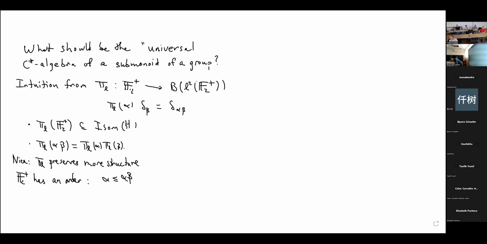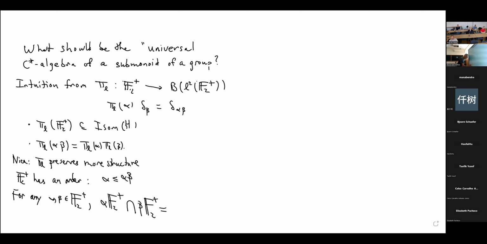Moreover, for any two words, if we look at all the extensions of alpha, that is alpha multiplying the monoid, and we intersect it with all the extensions of beta, this would be the common extensions of alpha and beta.